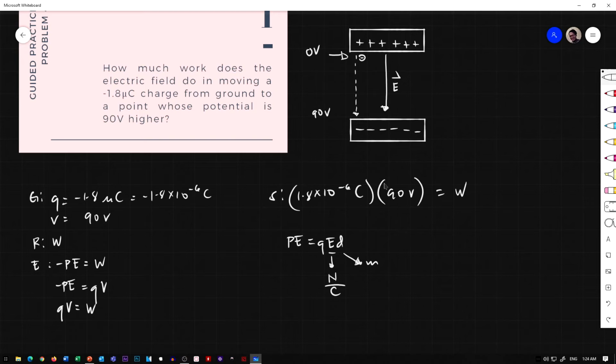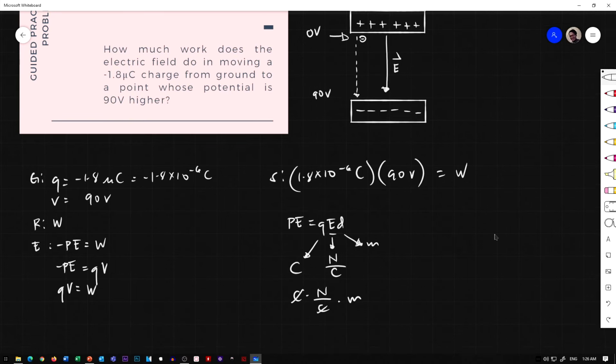Since you have coulombs here as well, that's coulombs times newton per coulomb times meter, so you cancel the coulombs out. The final answer is newton meter, which is of course equal to joules. So we're going back to the unit of potential energy.